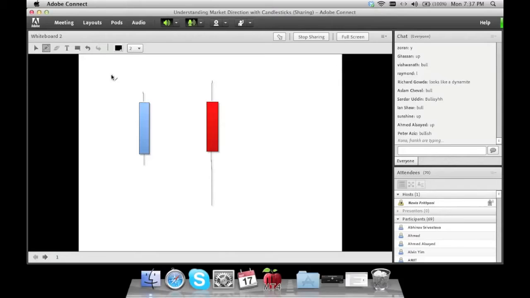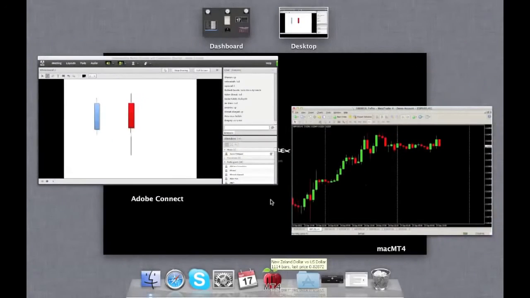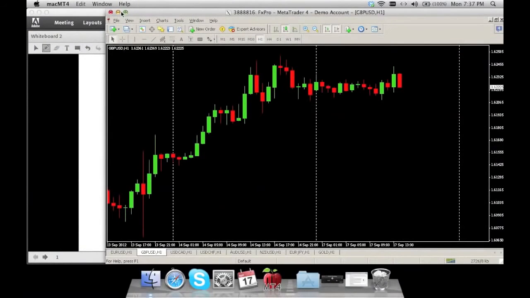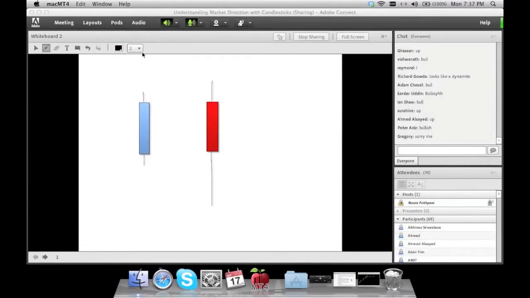Each candle represents a specific time frame. What the time frame is depends on your MetaTrader. You can set it to whatever you want, you know, the 1 hour, 30 minutes, 15 minutes. So if, for example, you set your charts to the 1 hour time frame, each of these candles represents 1 hour worth of data.